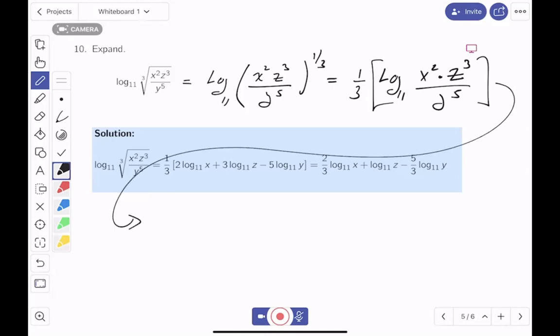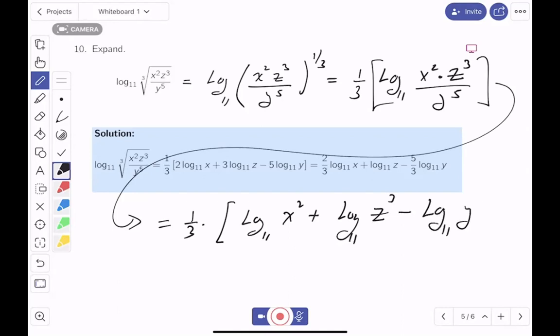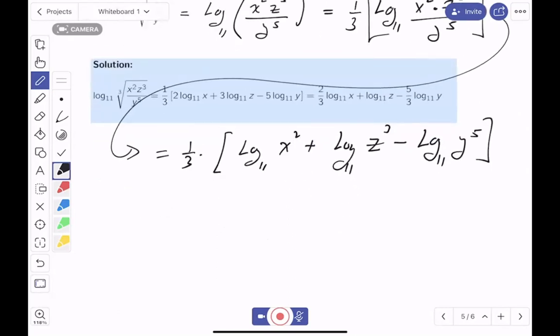Over here, you're going to get 1/3 times log base 11 x squared, plus log base 11 z cubed, minus log base 11 y^5. Again, some students are going to be faster than others at this. There's nothing wrong with going faster.